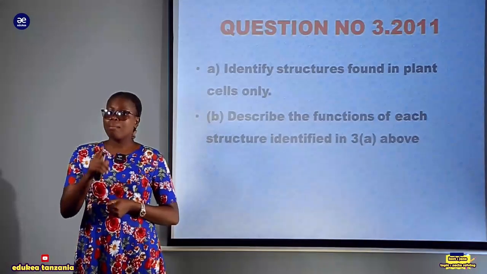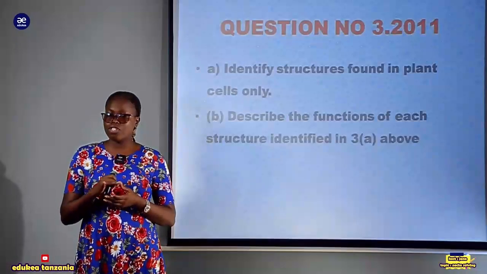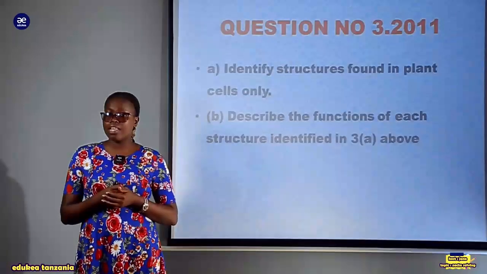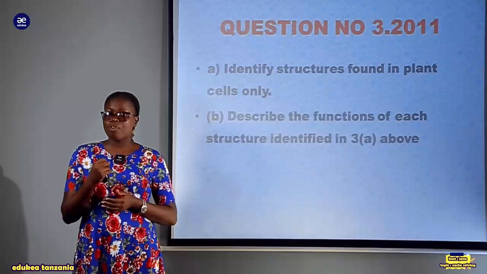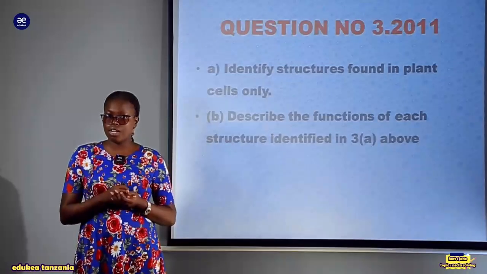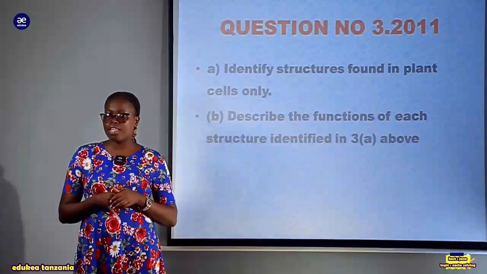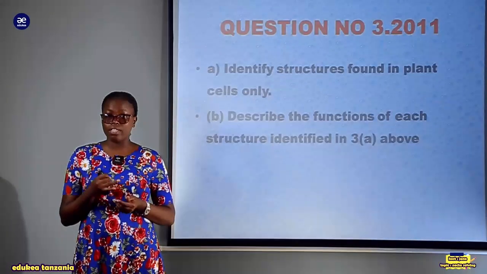In addition, the plant cell has the chloroplast and the cell wall. These are the unique structures found within the plant cell which are not found within the animal cell. So this is what you need to answer in this question, by providing these two distinguishing organelles which are found only in the plant cell. This is for question number 3, Roman A.